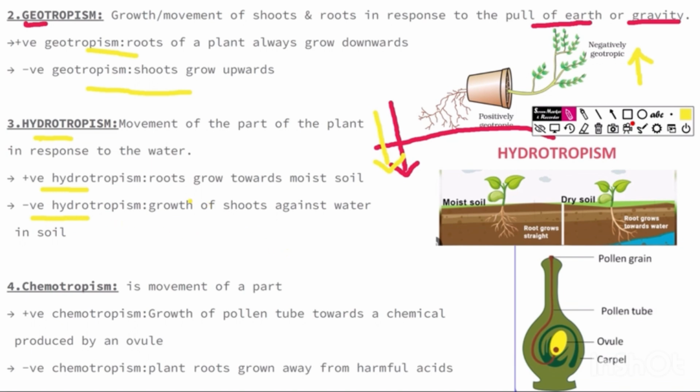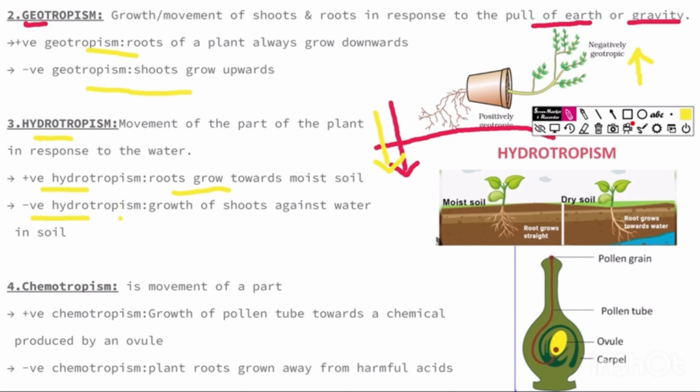Let's see an example of positive hydrotropism. Roots always grow towards the moist soil. You can see here the soil is moist, and the roots are growing downwards. On this side the soil is dry, and the roots are not growing here. Instead the roots are bending towards where water is. So roots are showing positive hydrotropism, that is, movement in the direction of water.